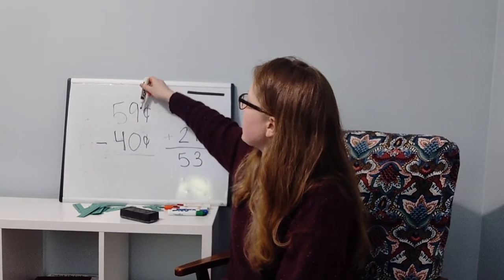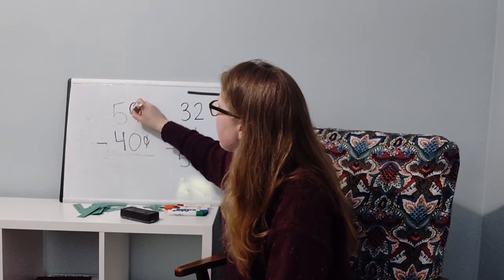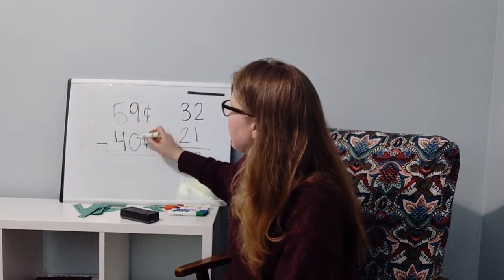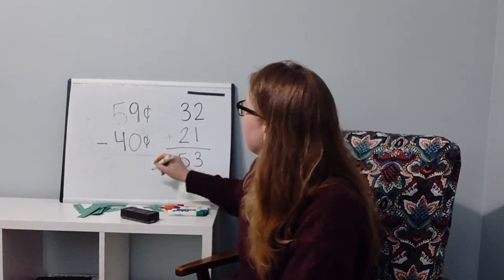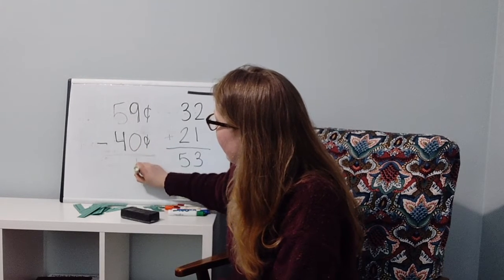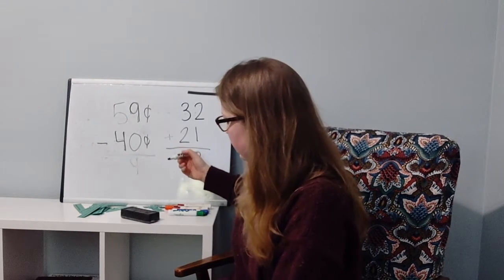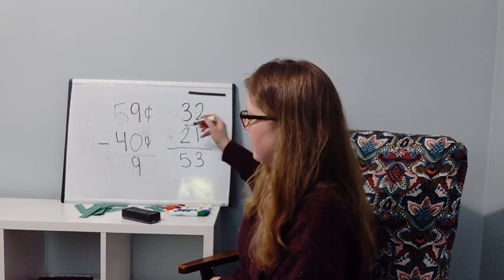Take a look at our ones column first. We have 9 minus 0. We start with 9, we take away nothing. The answer is 9. So our ones column is completed.